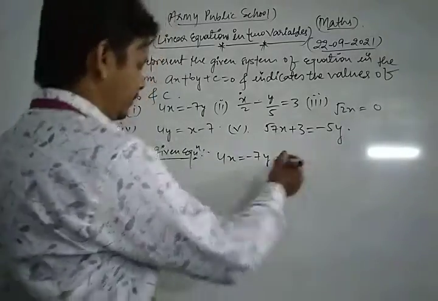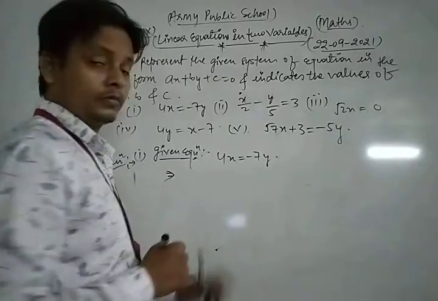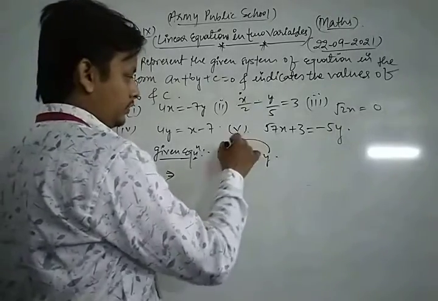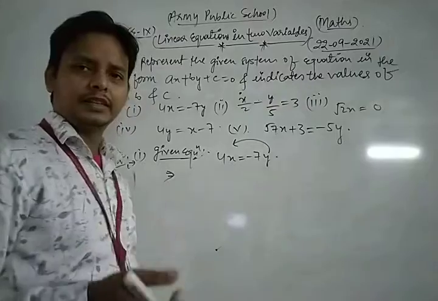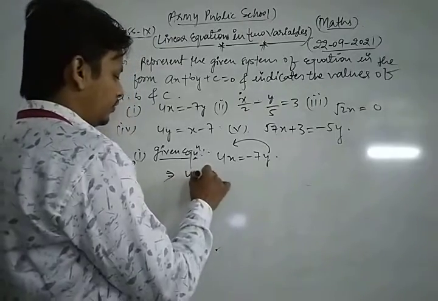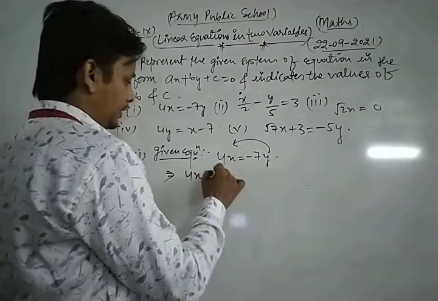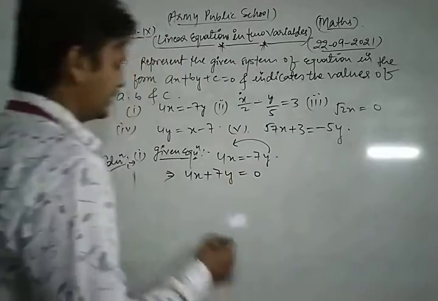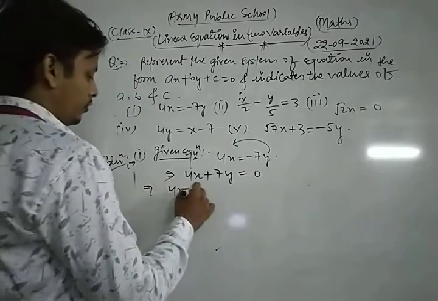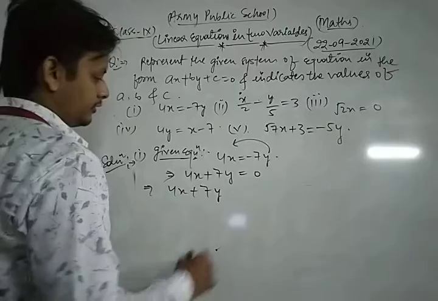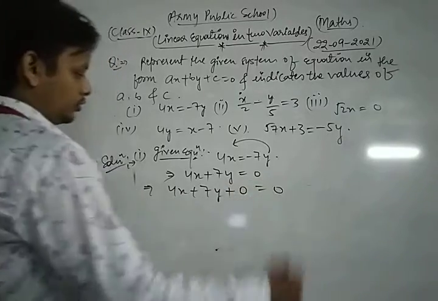First of all we transfer minus 7y to the other side, so we get 4x plus 7y is equal to 0, or we can write it as 4x plus 7y plus 0 is equal to 0.